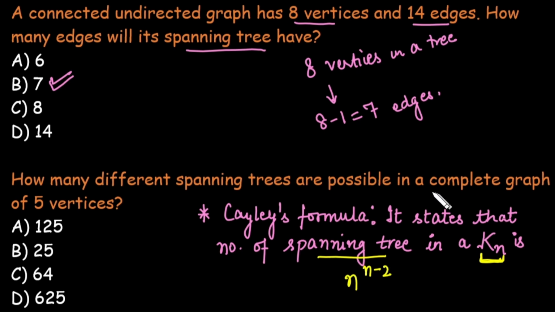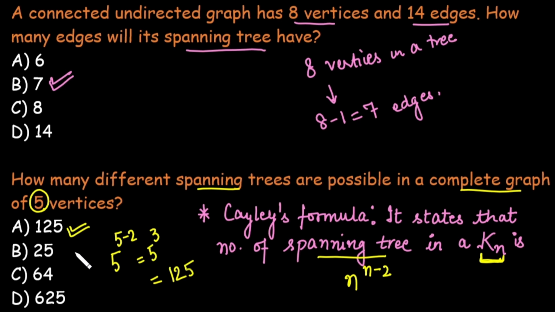According to this, we need to find the number of spanning trees possible for the complete graph with 5 vertices. It means the value of n is 5. Plug the value 5 here. So 5 raised to the power 5 minus 2, that is equal to 5 raised to the power 3. This is equal to 125. Hence option A is correct.